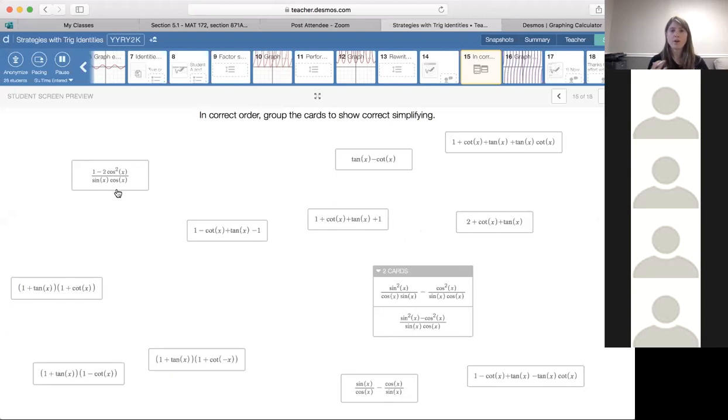So from this, they didn't have what we had, but actually what was going on, if you go back and try substituting 1 minus cosine squared instead of sine squared, we're going to get hopefully what we need here. So I think that these card sorts can be more challenging than doing it by hand, because if you were doing this by hand, like on a paper and pencil test, you've simplified it, you've cleaned it up.